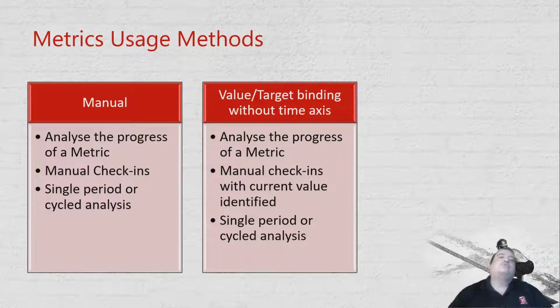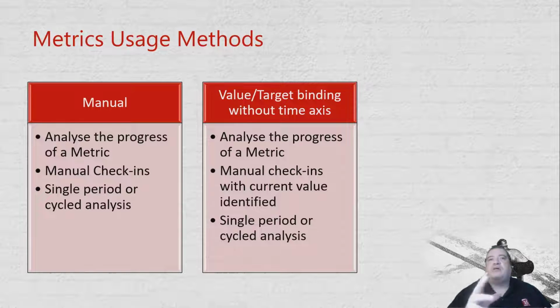Why would we use the metrics in this way? I can analyze the progress of the metrics. Since I don't have a time axis, the check-ins need to be manual. I need to go to the metric and tell it I want to create a new check-in.